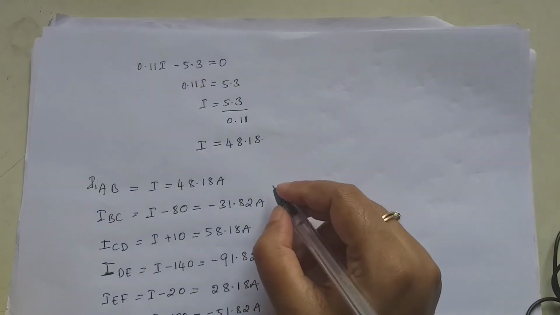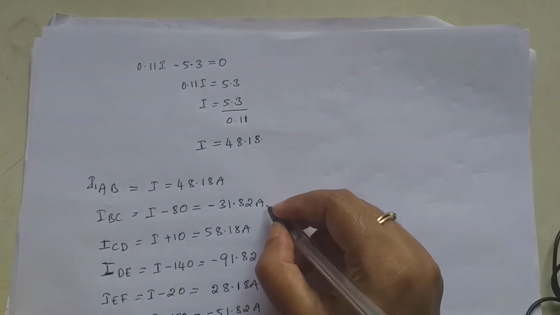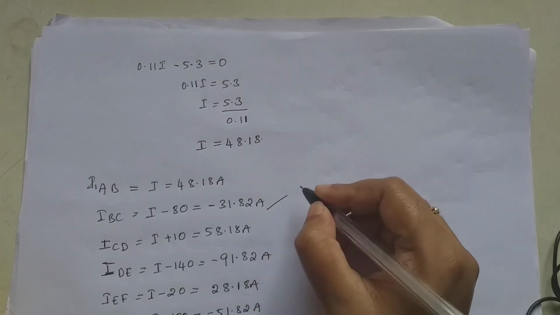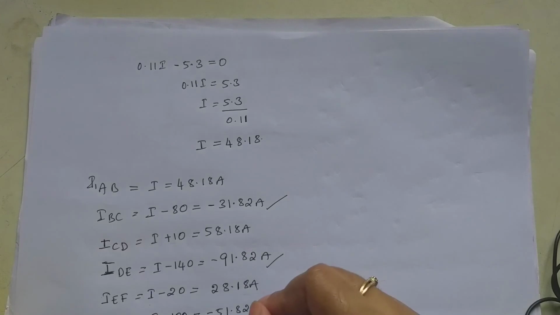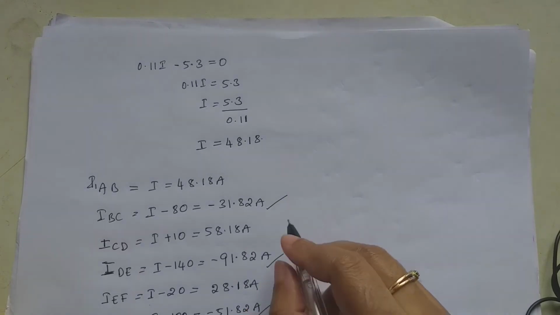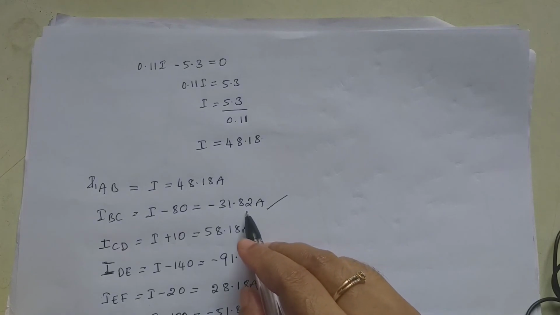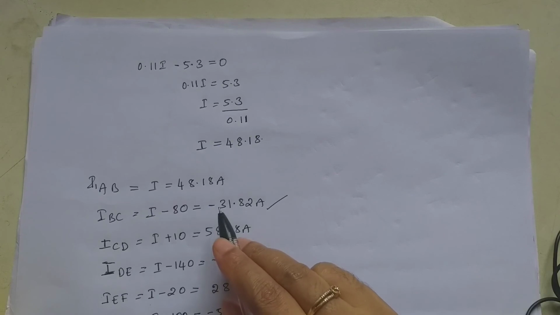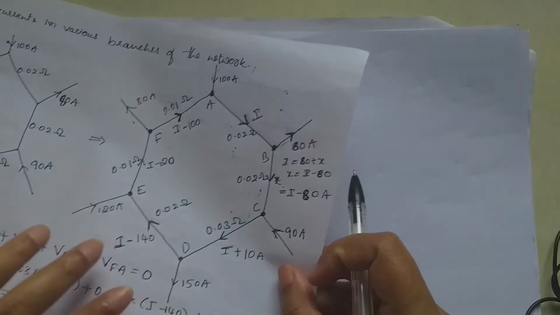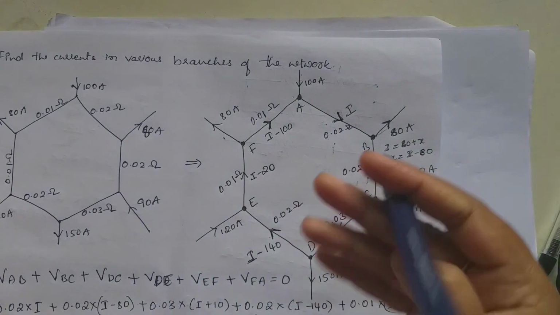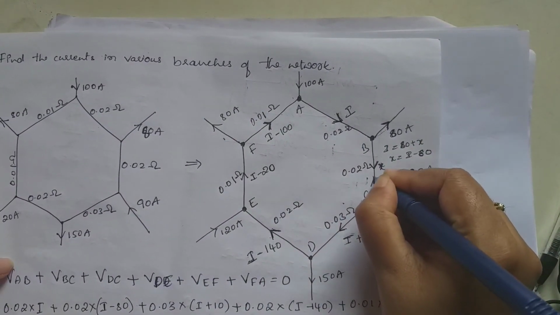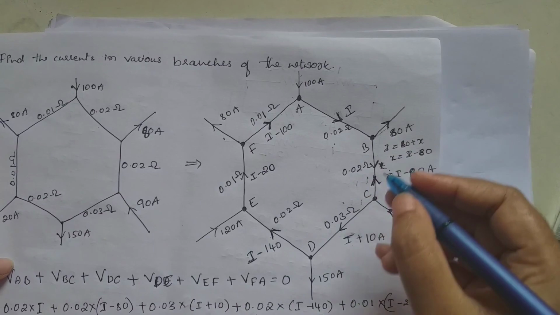Here you may observe that IBC is minus 31.82, IDE is minus 91.82 and IFA is minus 51.82. What it indicates is that the assumed current direction is wrong and has to be reversed. The current direction here in IBC has to be upward, and the same thing here also.